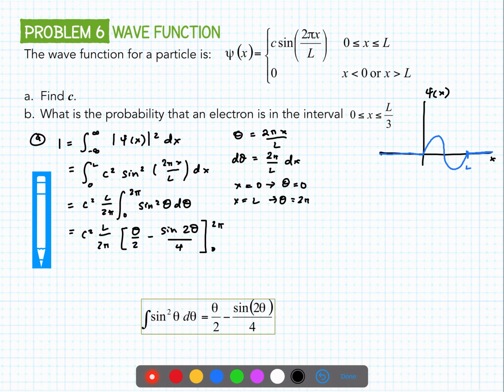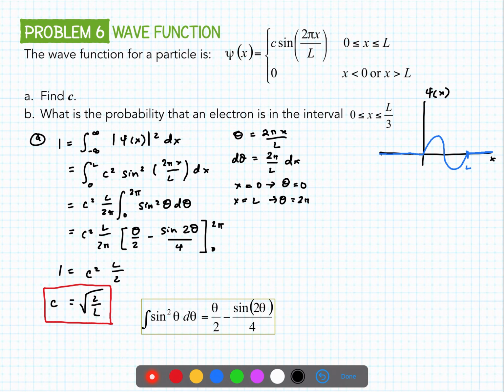Okay, and when you plug all this stuff in, you end up with c squared L over 2, which means that c, because this is equal to 1, c is going to be equal to the square root of 2 over L. And so that is our normalization condition. All right. So that's part A.